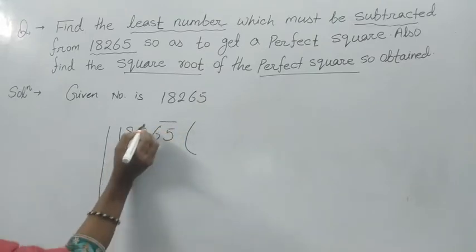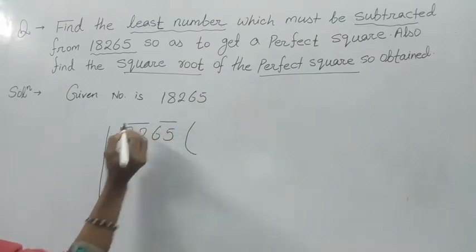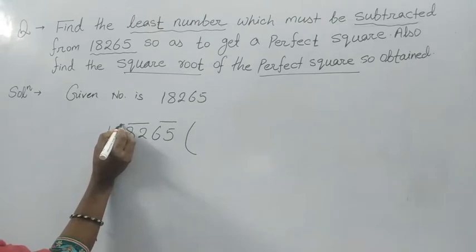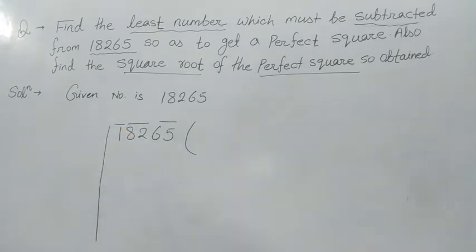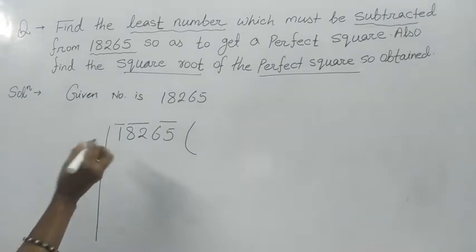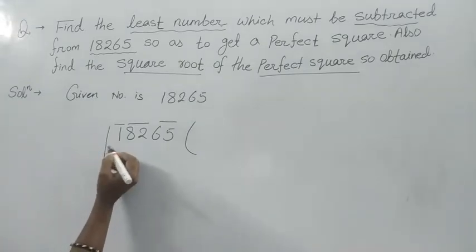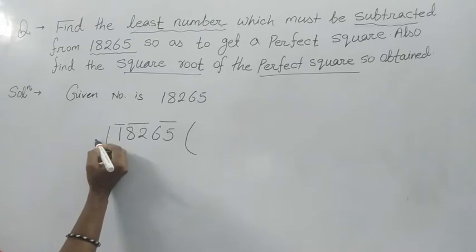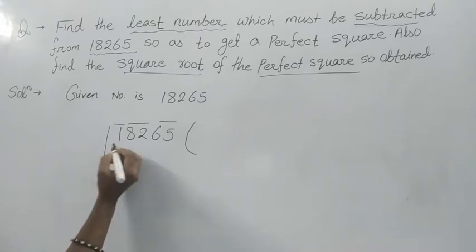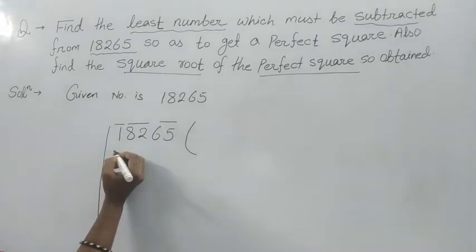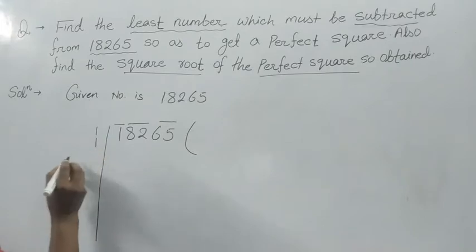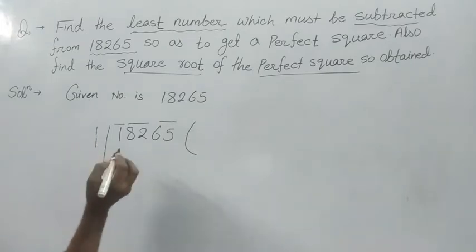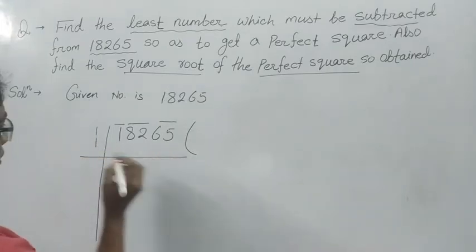This is the first pair, the second pair, and the third pair contains only one digit. So use the process. Here you have to write two same numbers so that after multiplication you get 1 or less than 1. So here we use 1 and multiply these two numbers. So what we get? 1.